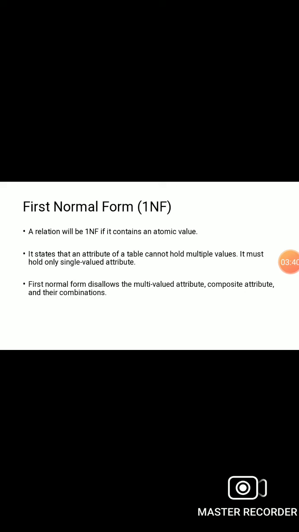That means multiple values cannot be held in the first normal form. The first normal form disallows multi-valued attributes, composite attributes, and their combinations. Only a single value is accessed; multiple values cannot be accessed.